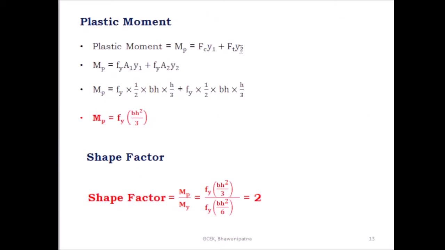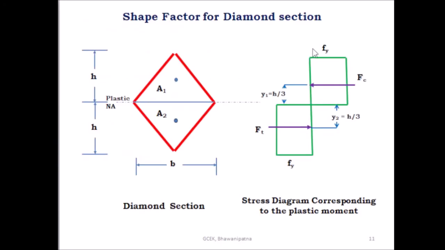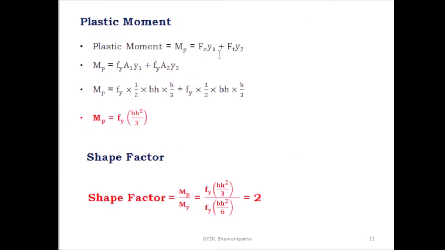But we know the compressive force is equal to Fy into A1, the yield stress into the area of this portion, and the tensile force is equal to Fy into A2. These y1 and y2 are the centroidal distances of the compressive and tensile forces from the plastic neutral axis. So Mp is equal to Fy A1 y1 plus Fy A2 y2.